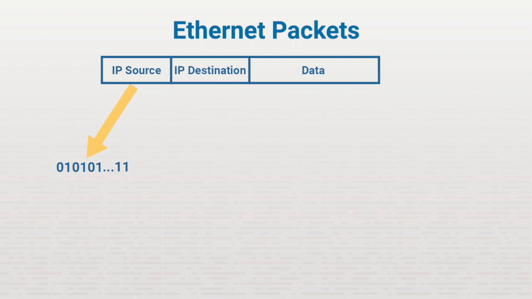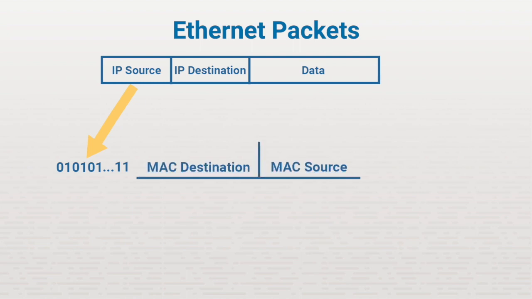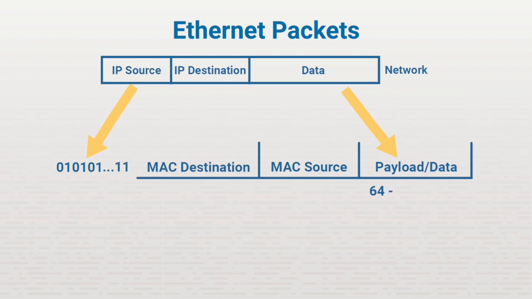Next, there's the destination device's MAC address, followed by the source device's MAC address. Following the MAC addresses is the payload, which contains the packet it received from the network layer above it. An Ethernet packet's data portion is set to a fixed size between 64 and 1518 bytes. If the data is smaller than the specified size, the unused space in the frame is filled with padding.